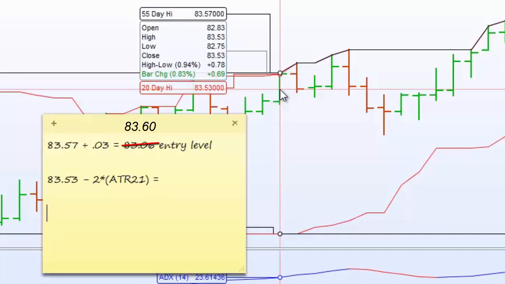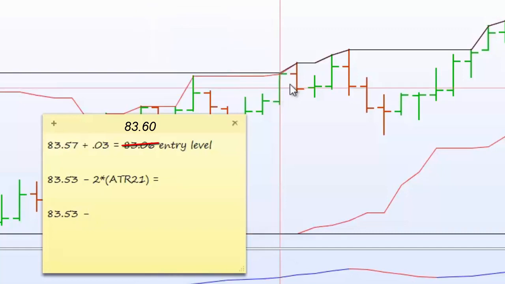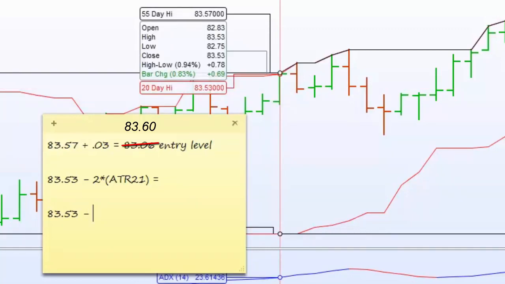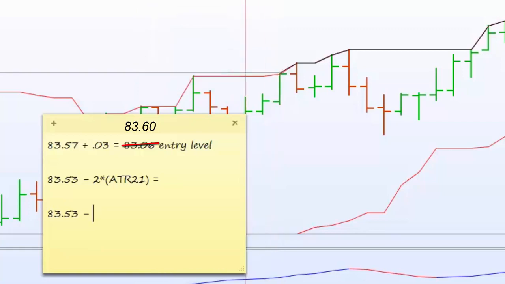So that's going to work out to be 83.53 minus the ATR on this day is 0.79. So 2 times that is 1.58. And that means that our stop on that day will be 81.95.